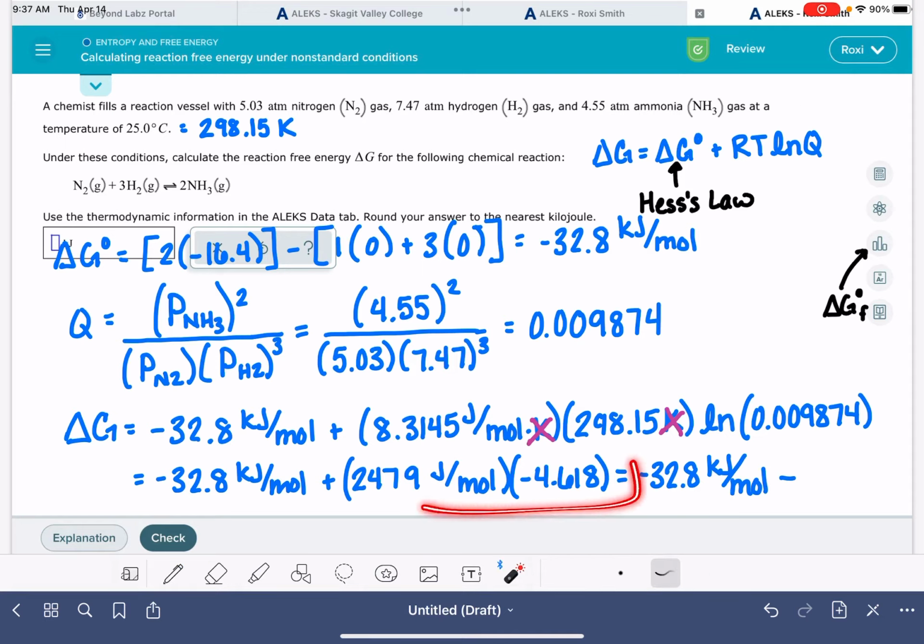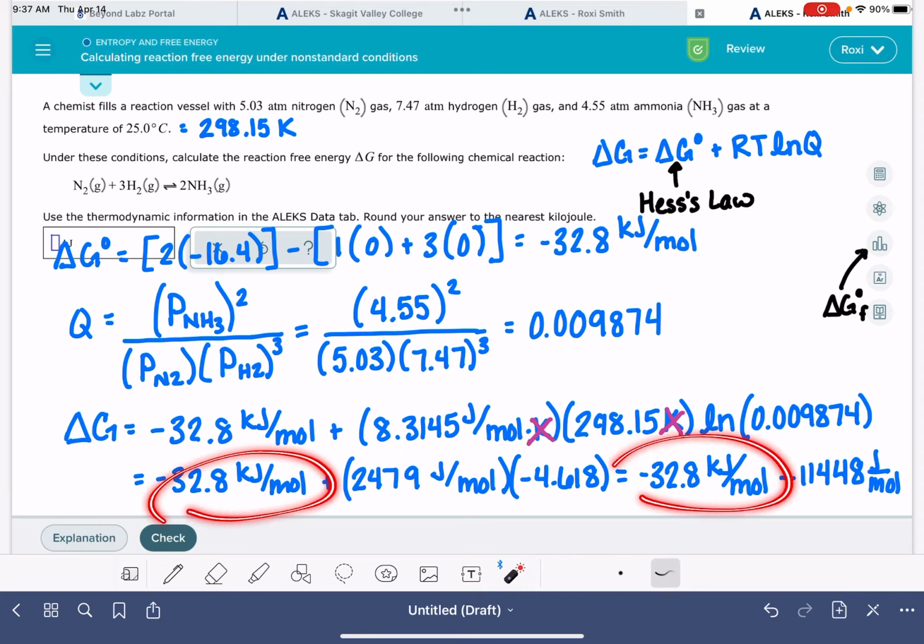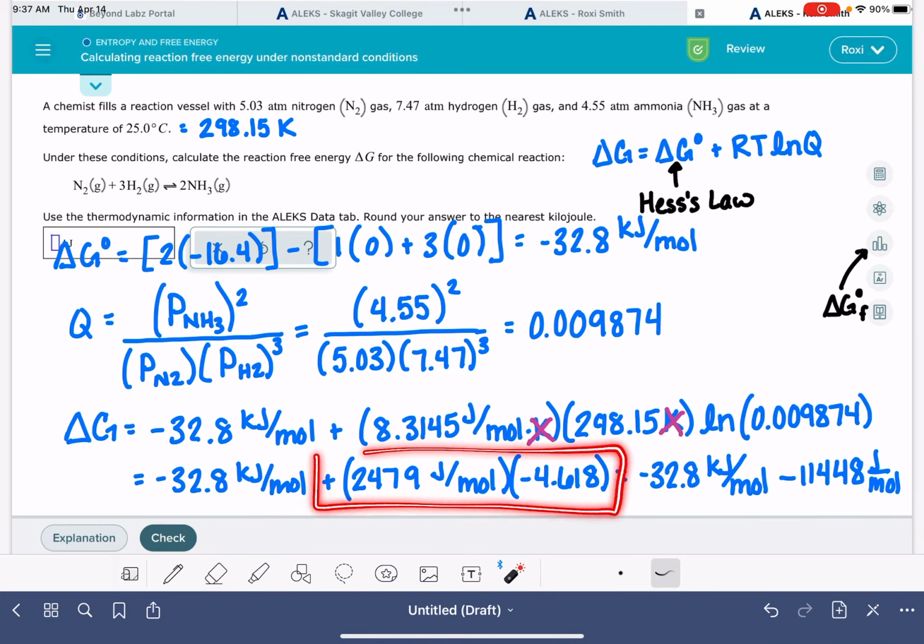I'm going to work out the multiplication on this part. 2479 times negative 4.618 is negative 11448 joules per mole. So I've just copied this number and then also I worked out the math right here, which gives me this number.